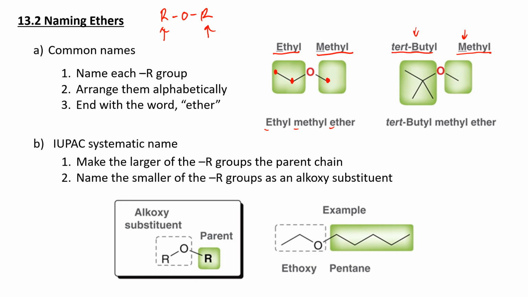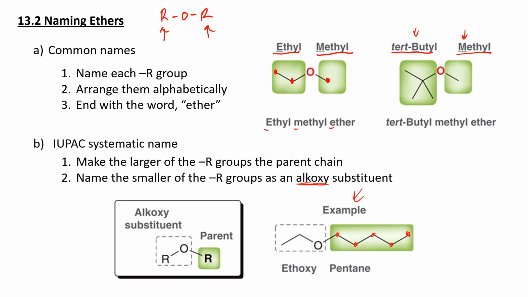Now the systematic name, we're going to make the larger of the R groups the parent chain, and then the smaller is going to be called an alkoxy substituent. So, for example, let's look at our example here. 1, 2, 3, 4, 5.